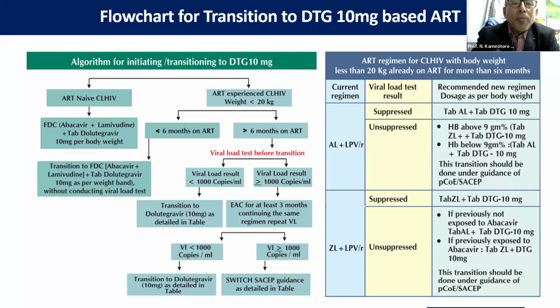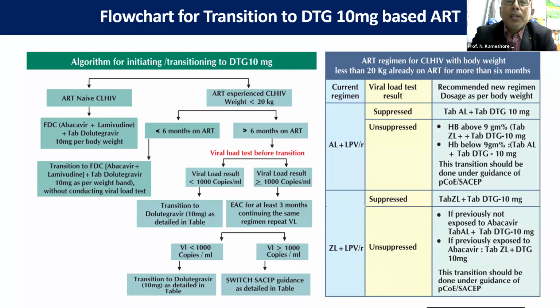After that, we repeat the viral load. If it is less than 1,000 copies per ml, we do transition to dolutegravir, which is given in the next table. And if the viral load is still more than 1,000, then we have to take guidance of the SACEP or pCoE.